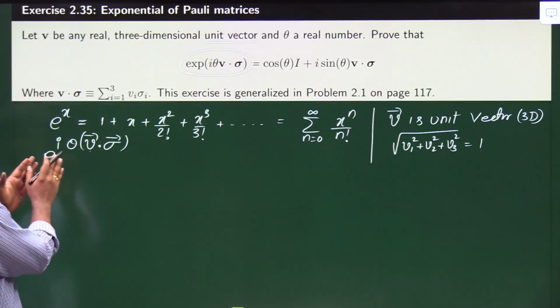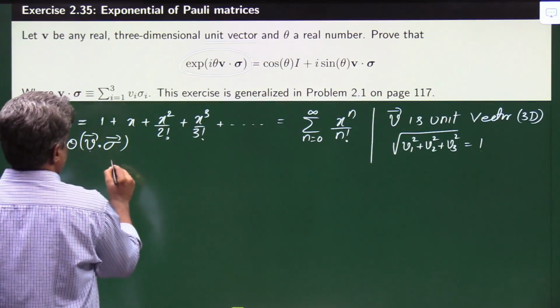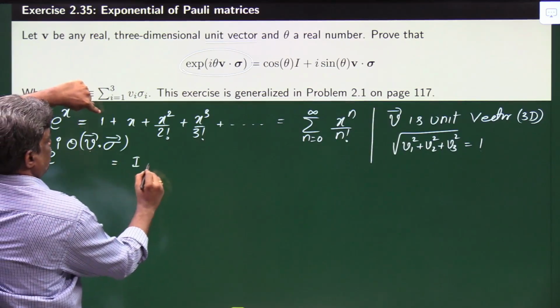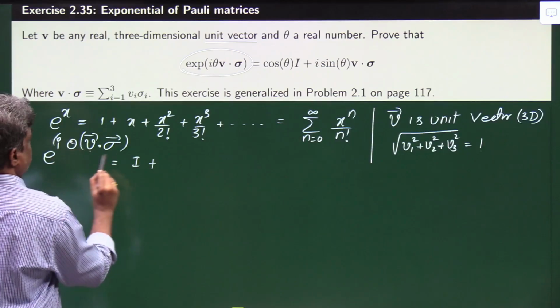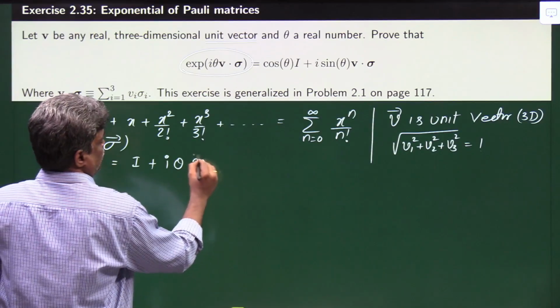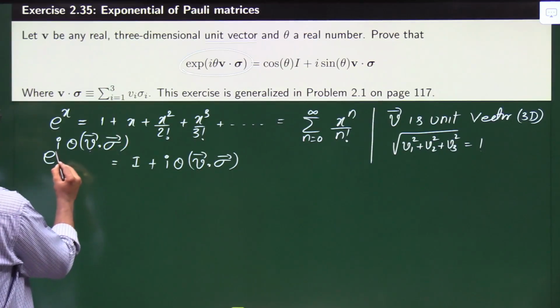So if you want to proceed with this, in the expansion you will get like this: because of the operator, I am taking I plus x. This entire thing is my x. So that's why I can write iota theta v dot sigma. Just replace in the place of x this entire thing.